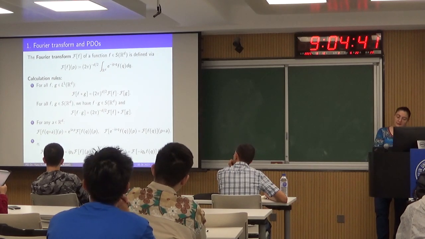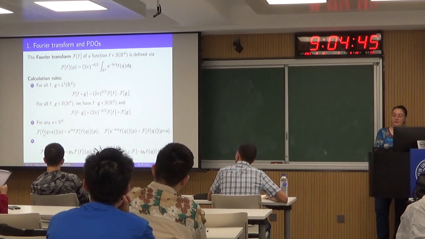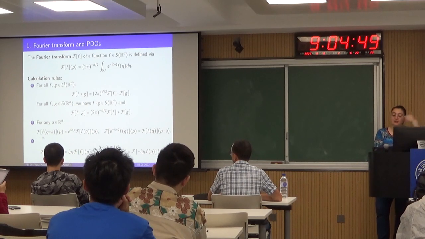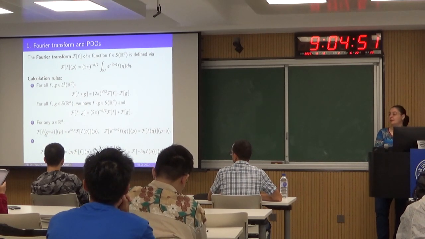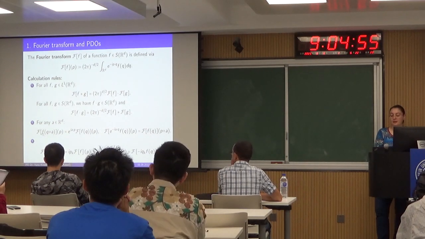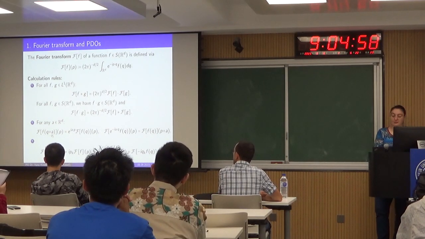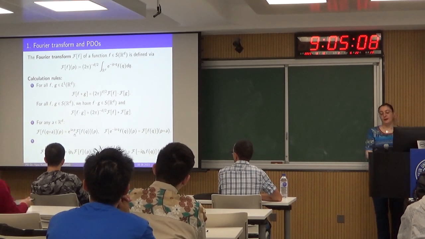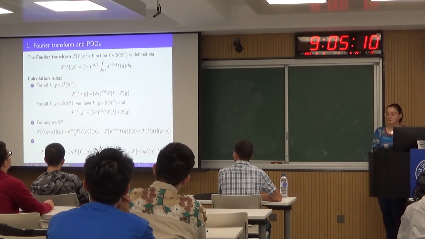The first duality is as follows: the operation of shift. We have a function f of q, where q is my variable. Now I shift this function by a vector a, and I consider the shifted function f of q plus a. The Fourier transform of the shifted function is the same as the Fourier transform of the original function multiplied with the factor e to the power i a·p.